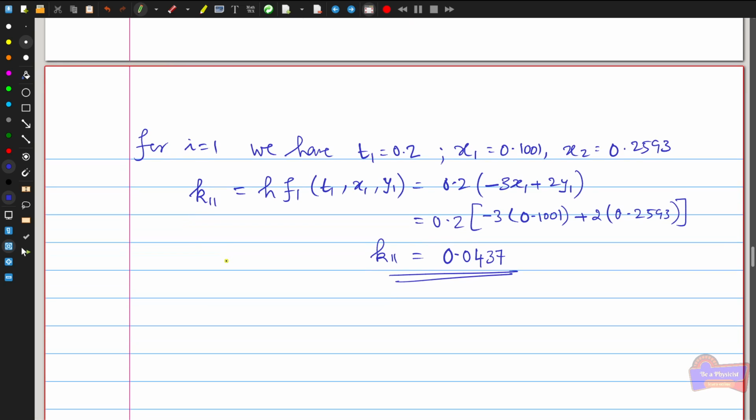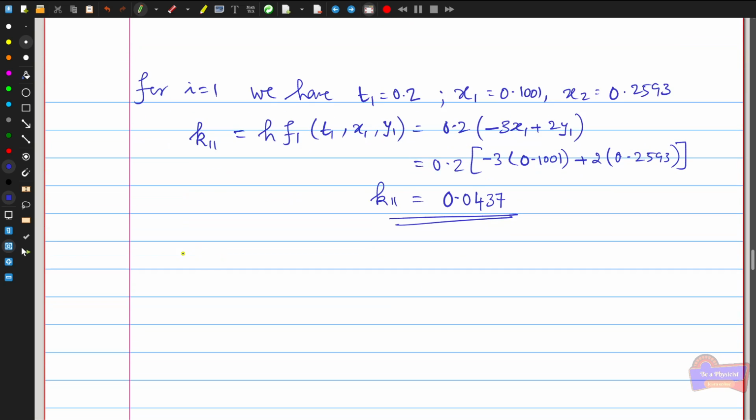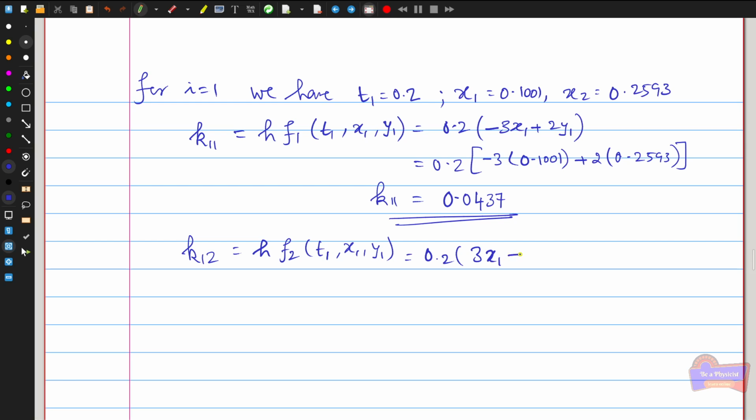Similarly, I can calculate k21, which is h times f2 of t1 comma x1 comma y1, which is equal to 0.2 times 3 times x1 minus 4 y1. Again I can substitute the values: 3 times 0.1001 minus 4 times 0.2593, which will give the value of minus 0.1474.